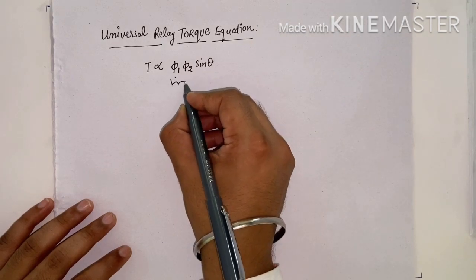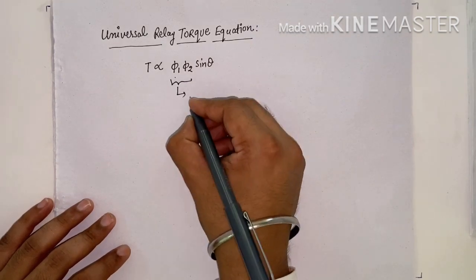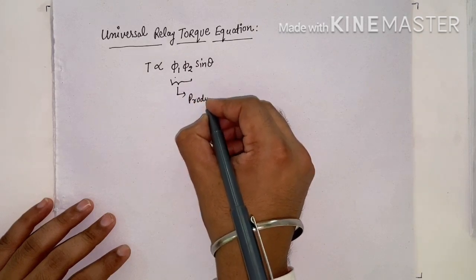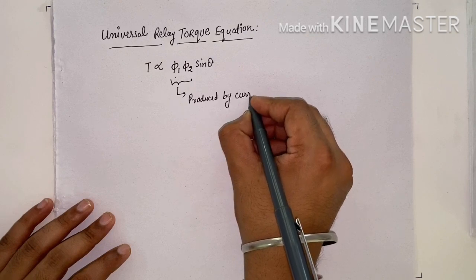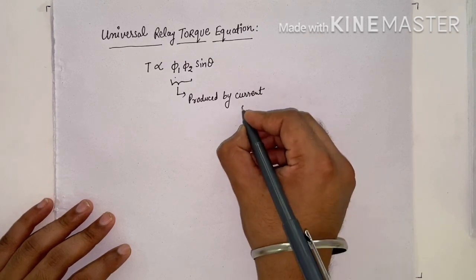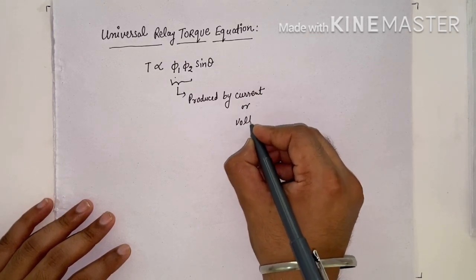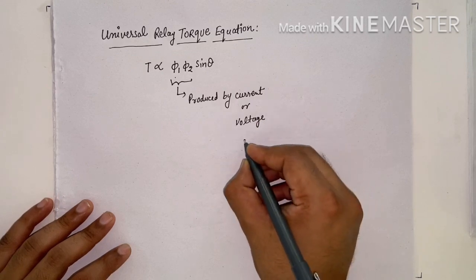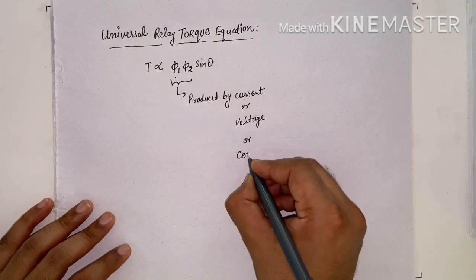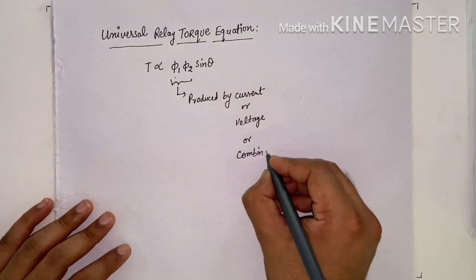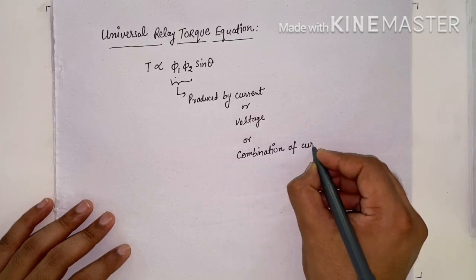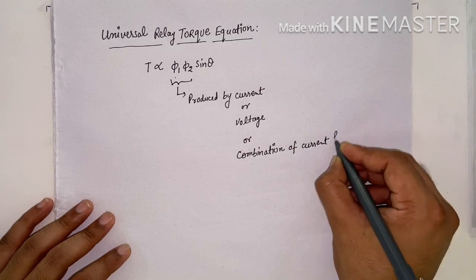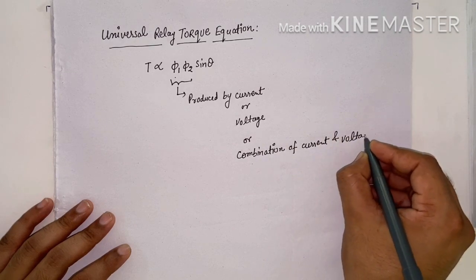This flux is produced by current, or by voltage, or by a combination of current and voltage.